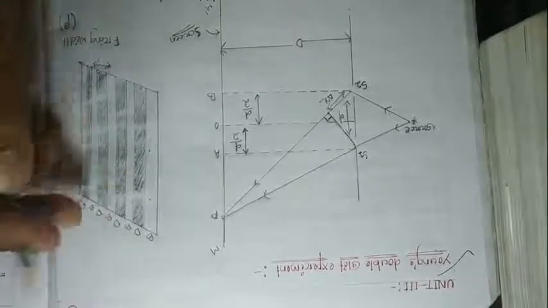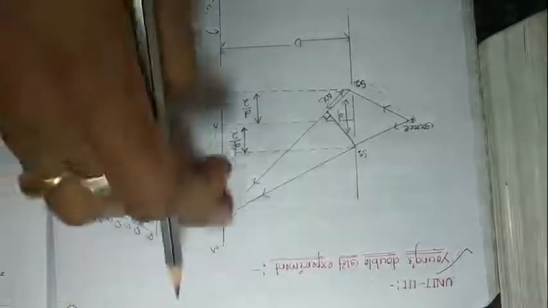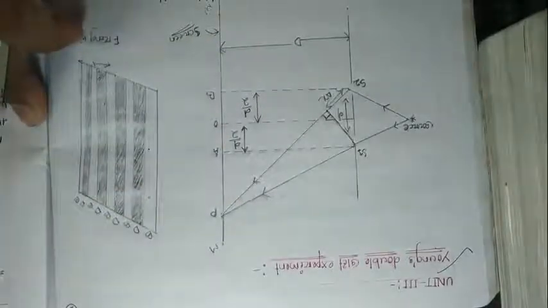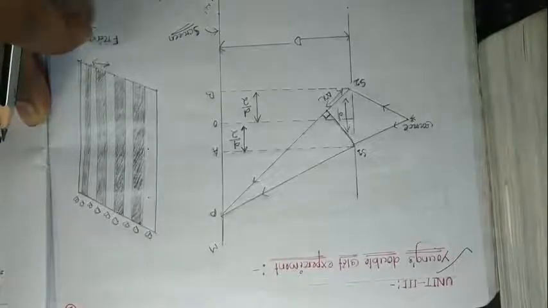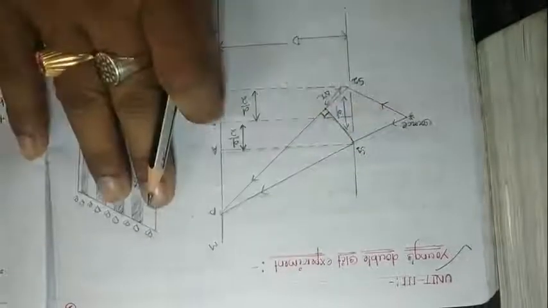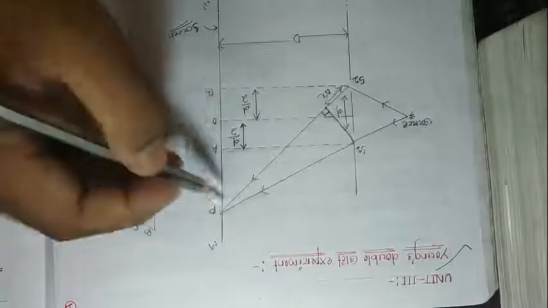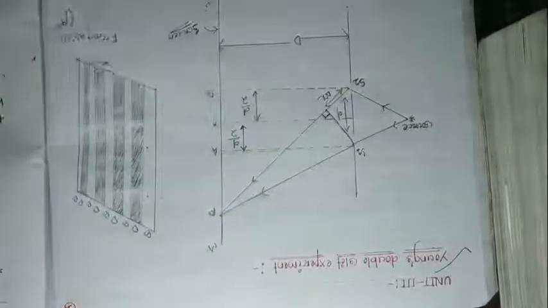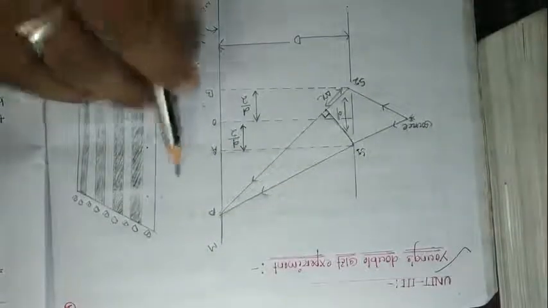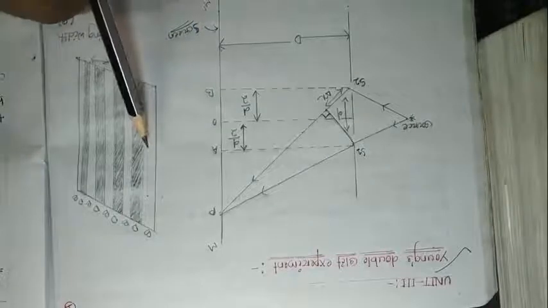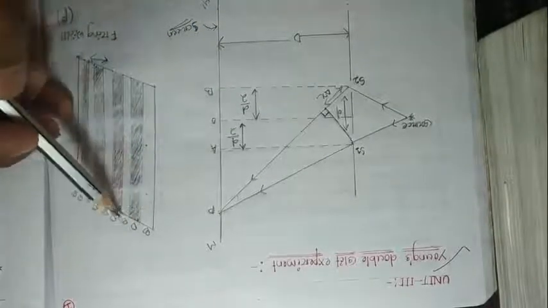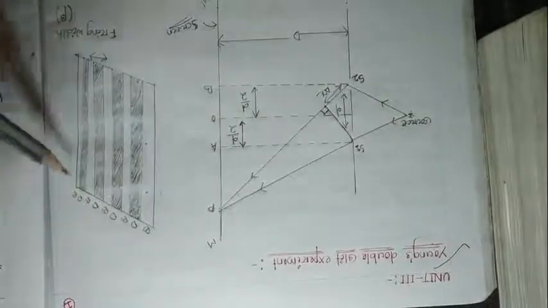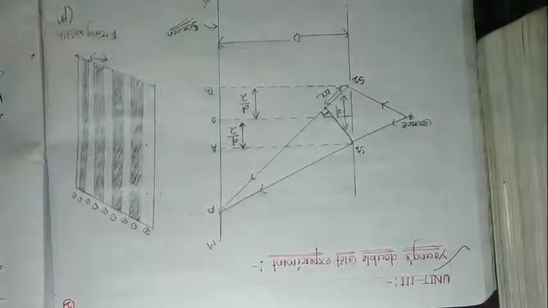On the screen we can find a pattern of dark and bright fringes. Not only dark, not only bright, we observe this type of pattern: B for bright, D for dark, bright, dark, bright, dark.